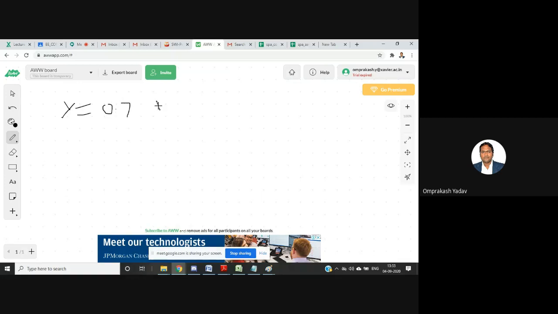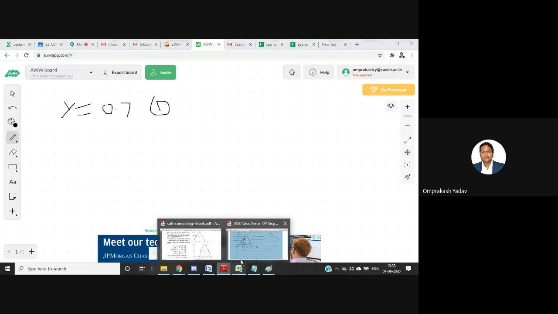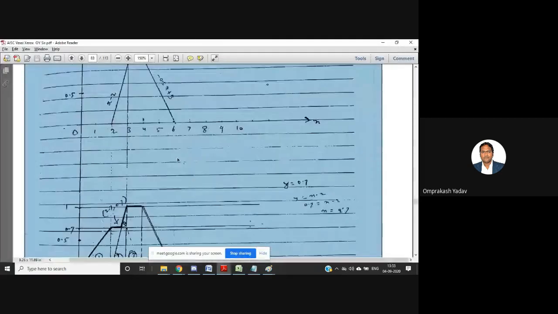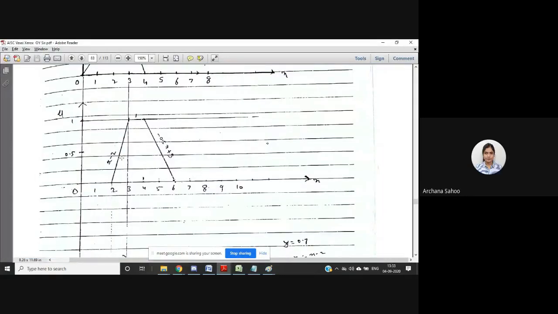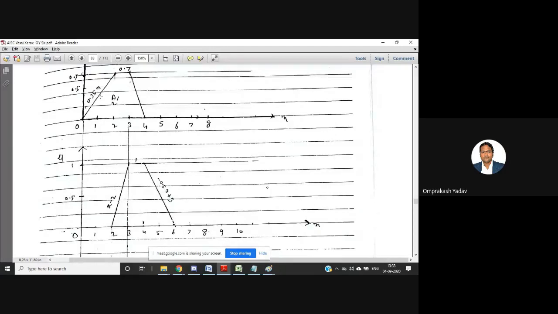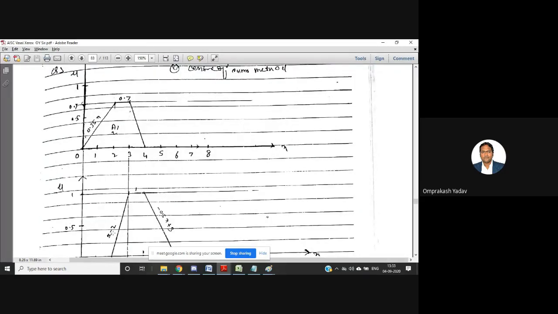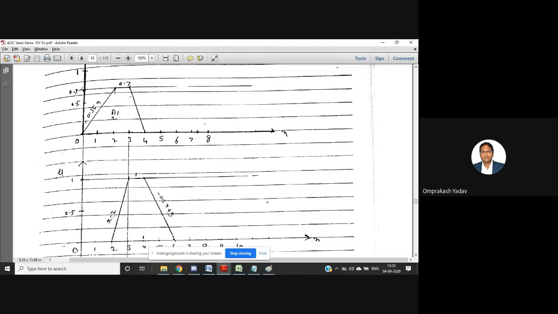This is one equation. And the second equation is what? Somebody tell me the equation of that line, the bigger line. This line. So this is y equal to x minus 2. Clear? This is the second line.